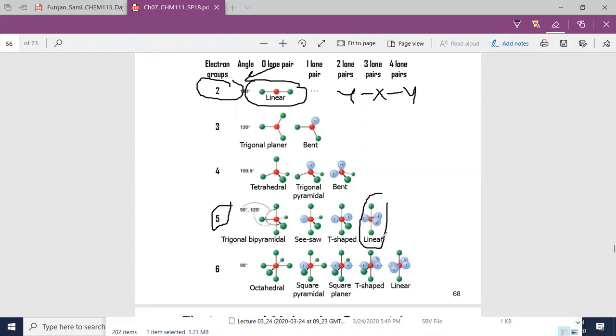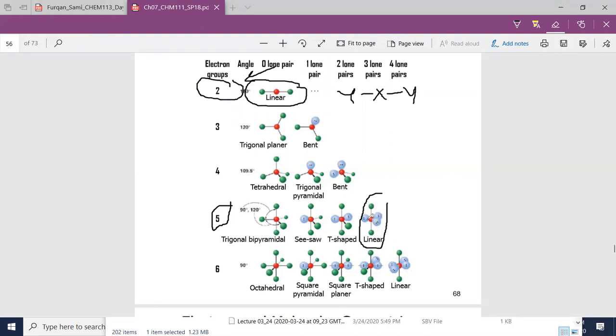That's why I'm telling you to focus on this chart really well. Why? Because all the lone pairs here are going onto the equatorial position. When they are on the equatorial position on the same plane, they're going to cancel out each other's effect, because they are all going to put the same push onto these two bonds.